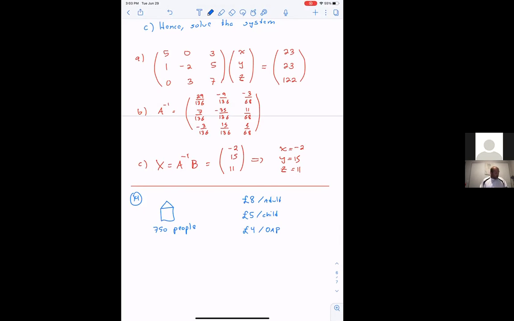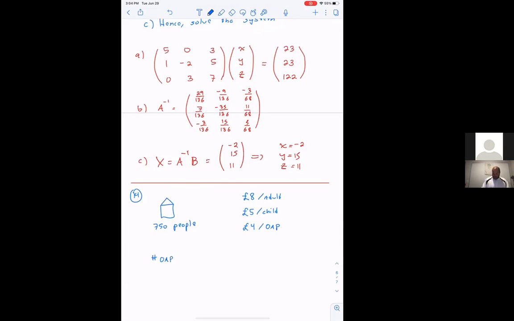Now, the number of OAPs attending was 1/5 of the total attendance.